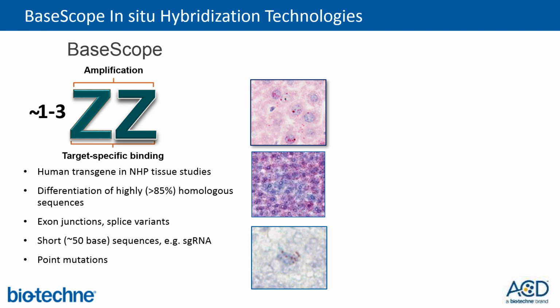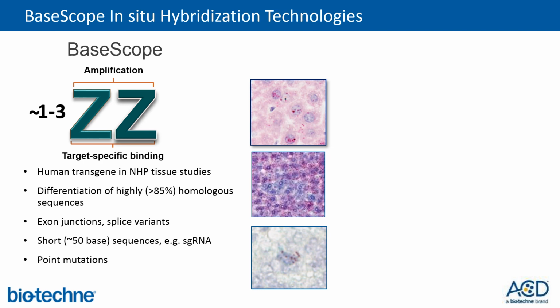Now we have a very nice interface on our website for new probe design, and if you engage with that interface to request a new probe, the first two questions are, what is the species of the target sequence, and what is the species of the tissue on which will be tested? And with that information, we can verify before we even make the probe whether or not we can design a specific probe with RNAscope, and if we cannot, then we will use BaseScope.